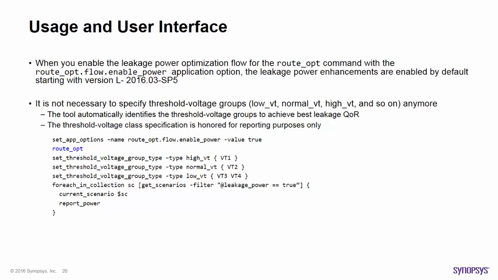Usage and user interface: with this new feature, the leakage optimization is enabled by default as soon as the enable_power app option is turned on. In addition, the user is not required to specify any threshold voltage groups anymore. The tool identifies them automatically to achieve the best leakage QOR. However, the VT groups have to be specified only for reporting purposes, as shown in the slide.